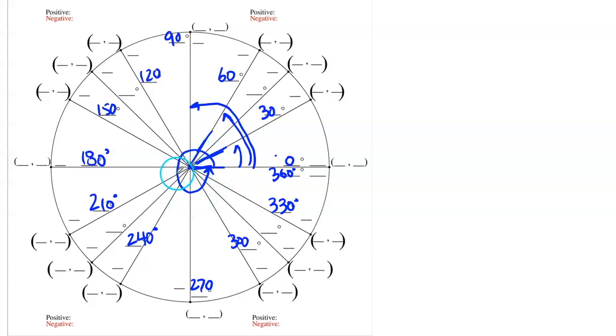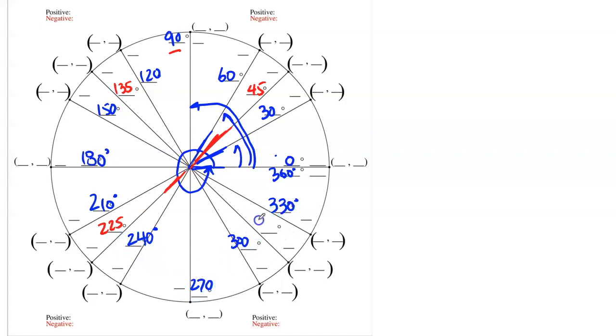Let's go with the 45s. I said the middle lines are 45, so this is 45 degrees. Plus another 45, this is 90. Plus another 45, 135. Plus another 45 is 180. Plus another 45 is 225. And 45 gives me 270.